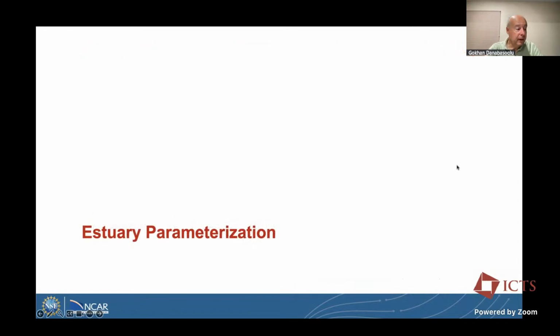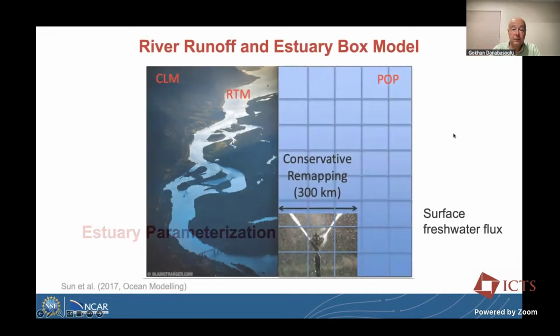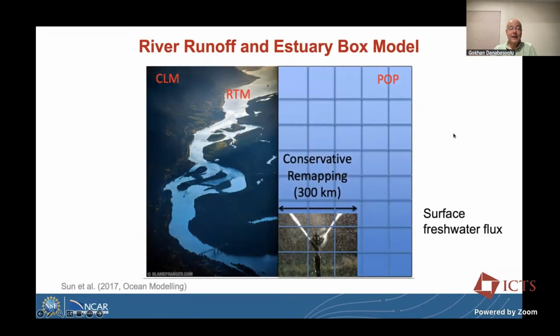And finally, I just wanted to show you what we do for estuaries, and this is essentially related to our river runoff parameterization. So this is a schematic of our model. On the left side, we see the land model, and there's the river transport model. It accumulates what the runoff should be in certain places. And this is the POP grid on the right-hand side.